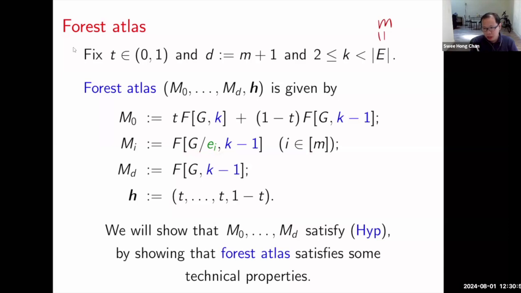So it will be a smaller graph, and the K becomes K minus 1. So not only does the graph become smaller, the K minus 1 also becomes lower. And MD, which is the last child, will be equal to FG K minus 1. So no contraction, but the value of K minus 1 also goes down.